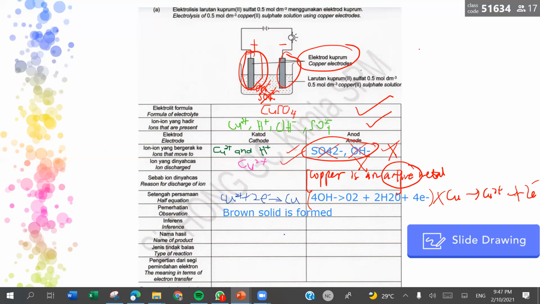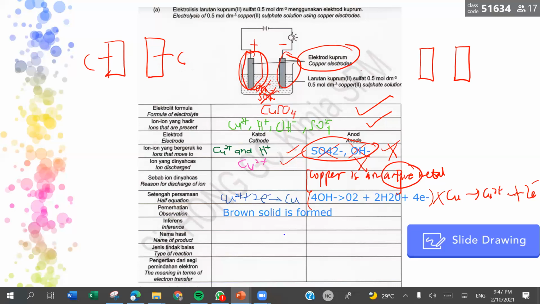Durga, do you get it now? A bit confused. You tell me what you're confused about. If you tell teacher, then teacher will know. Like the anode part. Whenever you see carbon, it's very simple. You either use the SEP factor or you use the concentration factor.